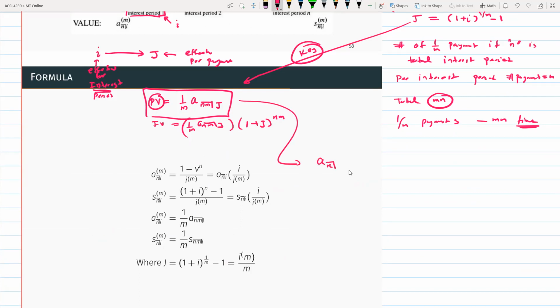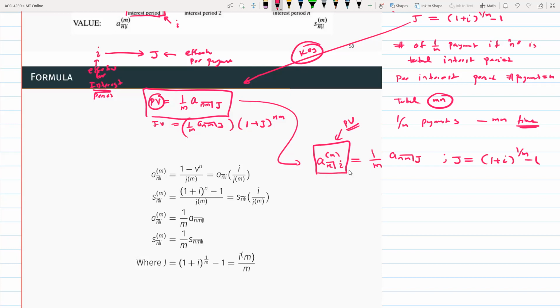This is called a_{n|m} and I can use the rate i. That is the same as 1 over m a_{nm|j}, where j is given by (1 plus i) to 1 over m minus 1. So this is basically the present value, and symbolically that is how you write it.